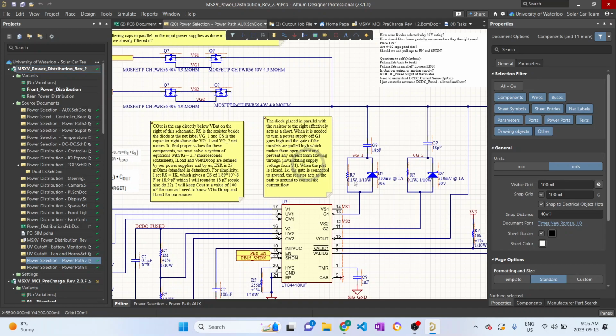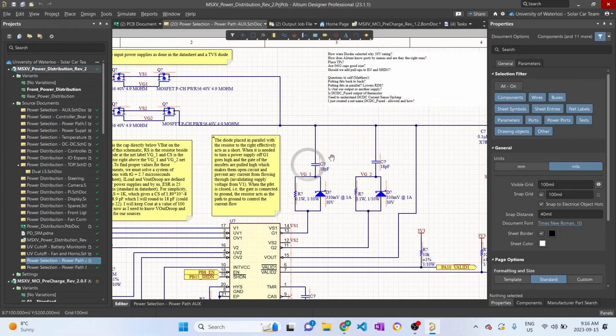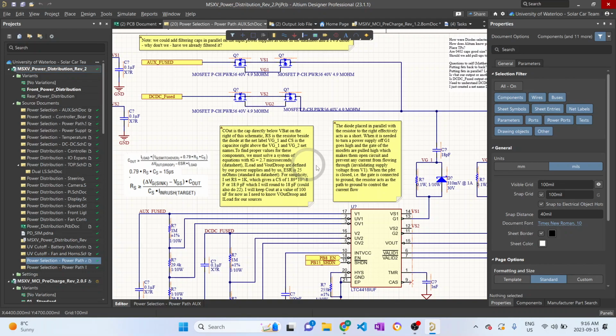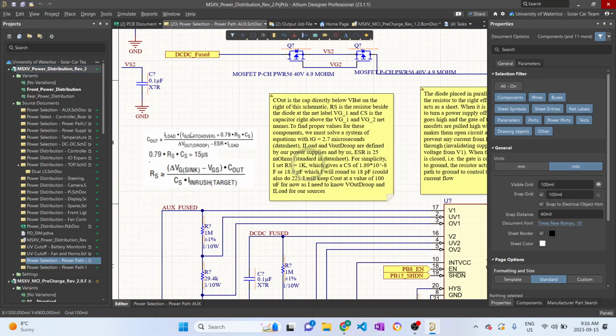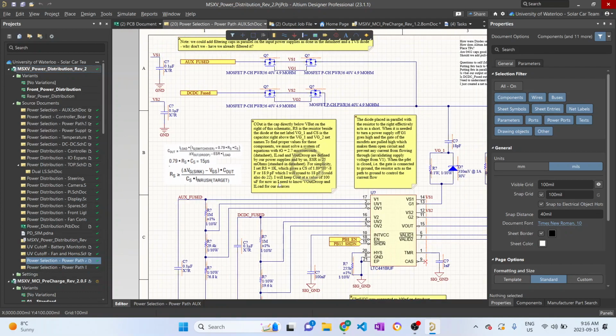This capacitor and this resistor, along with this capacitor at the output, are used to determine the inrush current, and their values are determined by the system of equations over here. And there are a lot of givens in the datasheet that help you determine this. So TG switchover is given in the datasheet. We just need to know our I load, which comes from these supplies, and so on.